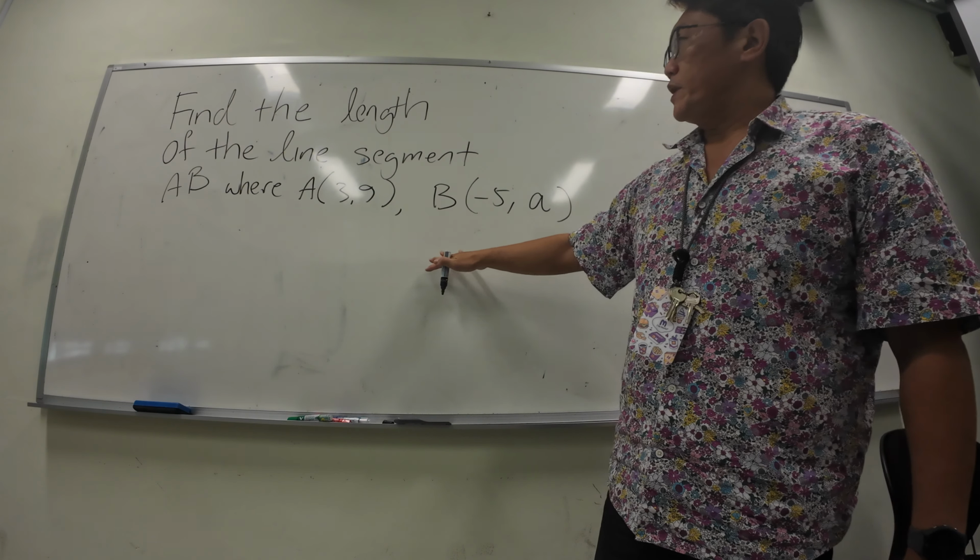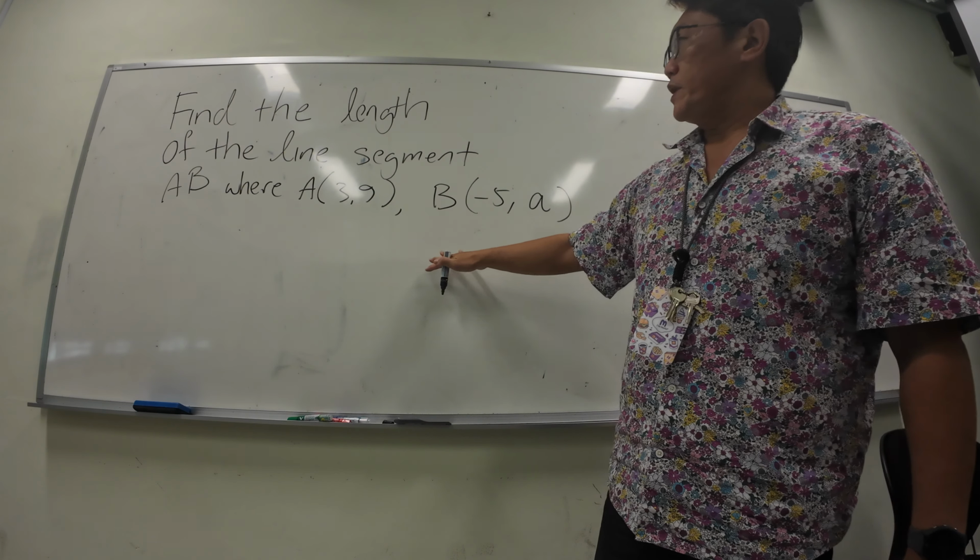If you remember it by your formula, it will be x1 minus x2 squared plus y1 minus y2 squared.